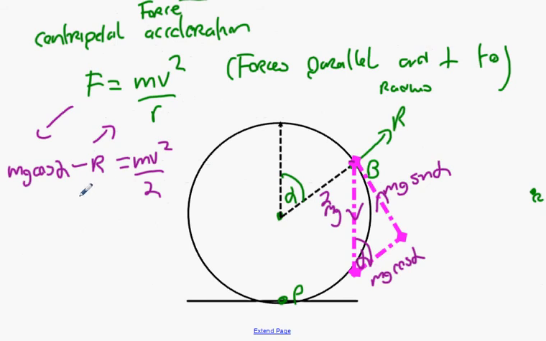Now, what do we know about the point B? What happens to the r value at the point B? R equals 0, because it's just about to leave the vertical circle. So this means that mv squared over r equals mg cos alpha.